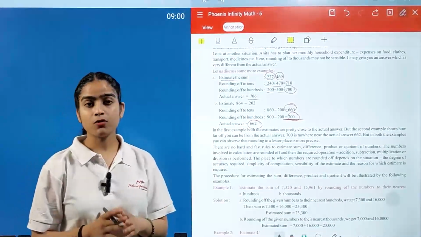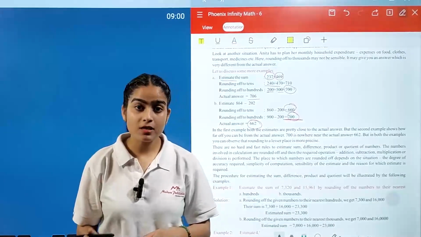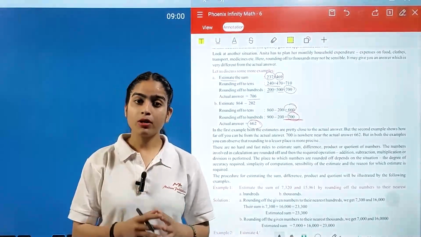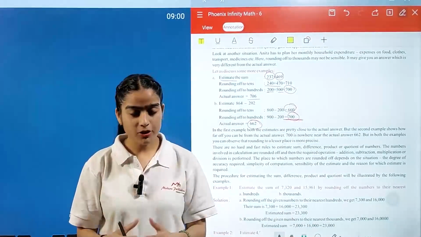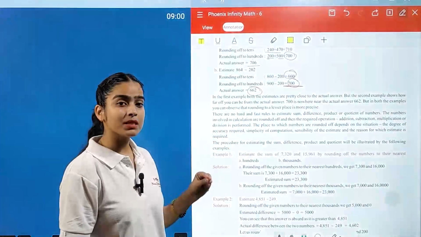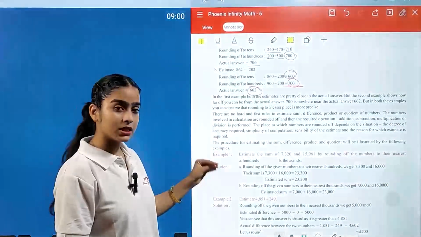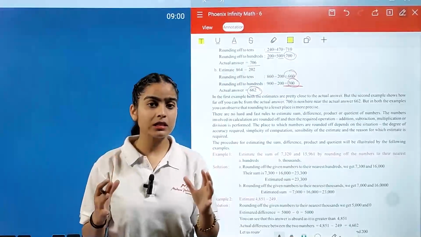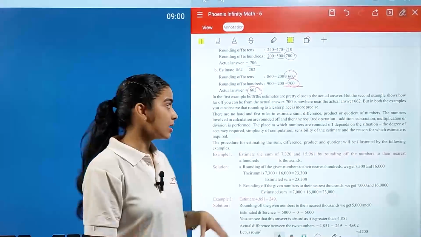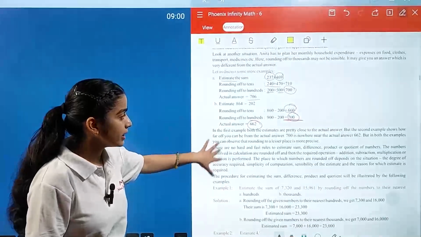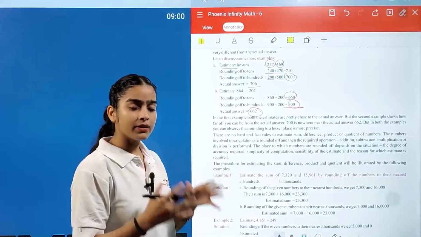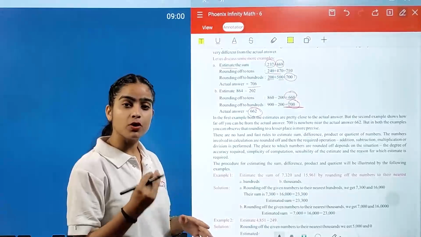So what we have to understand here is that the estimation is always dependent upon your situation, which kind of situation you have, how you have to estimate, and simplicity of computation. So these are the things and these are the reasons we have to consider in our mind while estimating any number. And always estimate in such a way that your actual value will be closer to it.